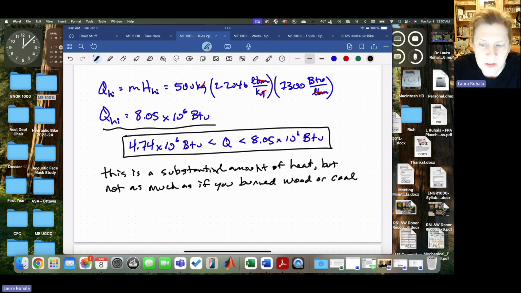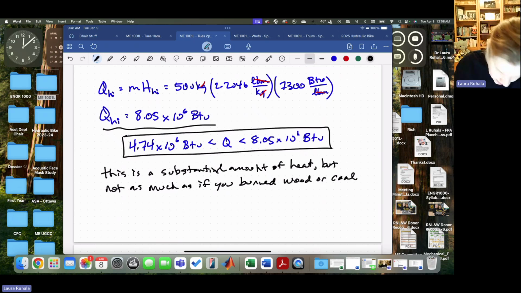So is there any point to do it? Well, yeah. What is the point here? It might not be as much as if you were burning wood or coal, but it's still a substantial amount of heat. And so what's good about this?